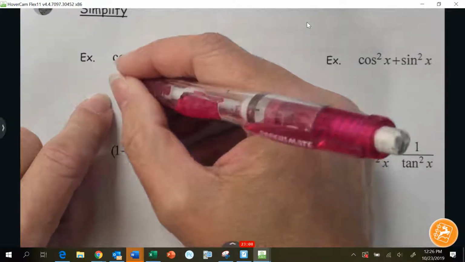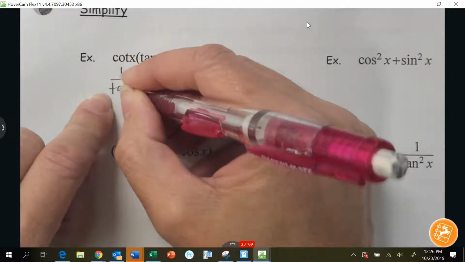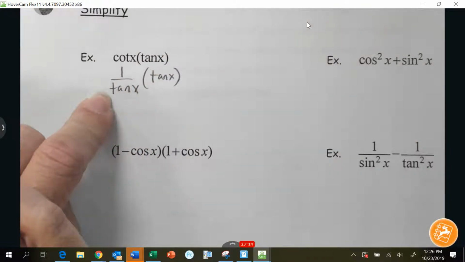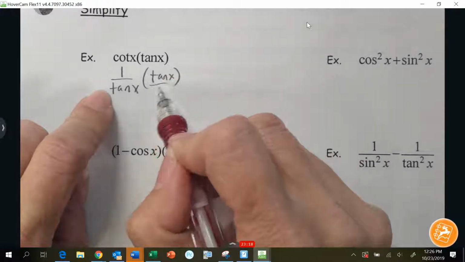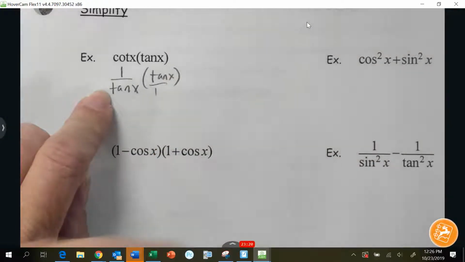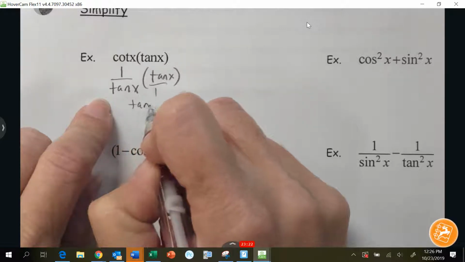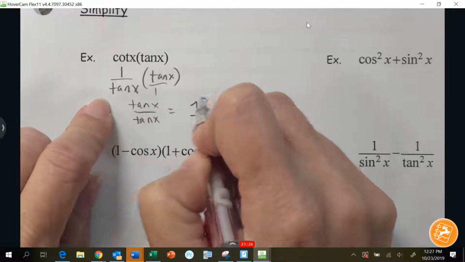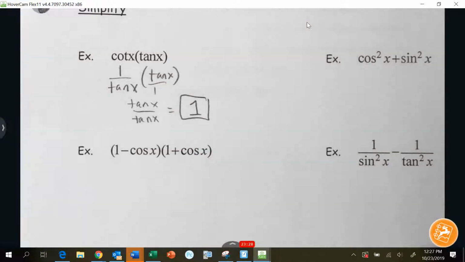This is not the only way to do this one. And when we switch out cotangent for 1 over tangent, what happens when we multiply them together? Well, we get tangent x over tangent x, which equals 1. So when I simplify it, my answer is 1.